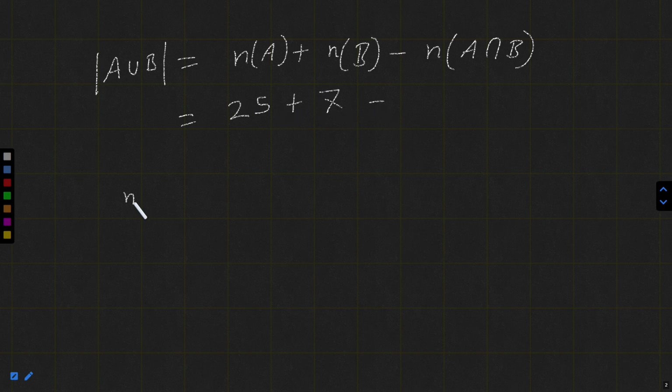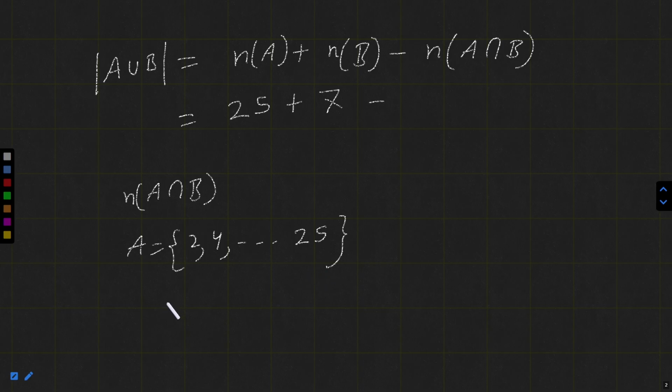Now we know it is 25 and it is 7. What about the number of elements in A intersection B? The set A was the elements 2, 4, till 50, and the set B was 7, 14, till 49.